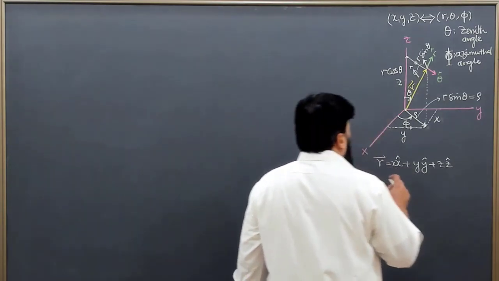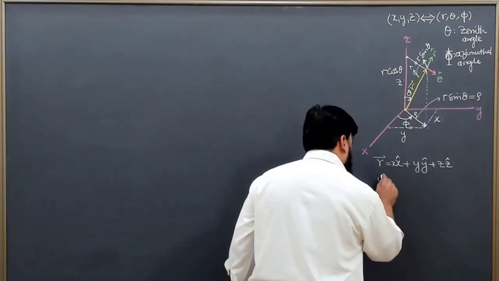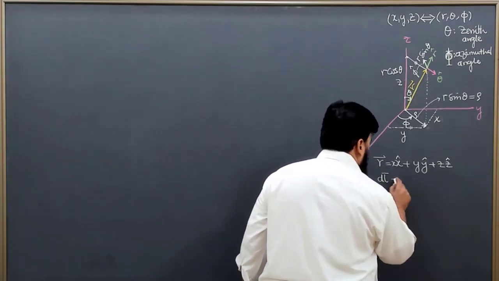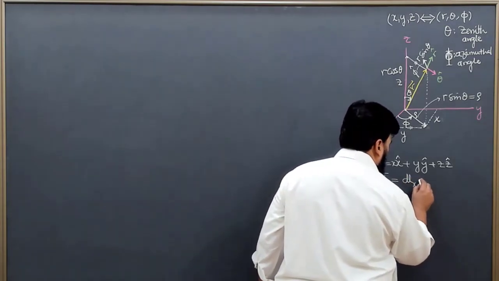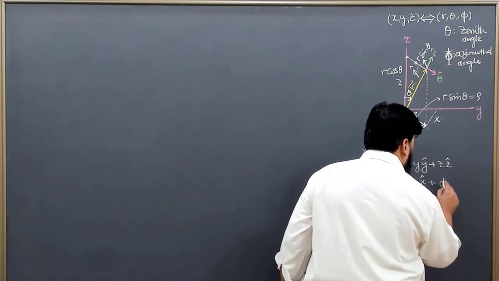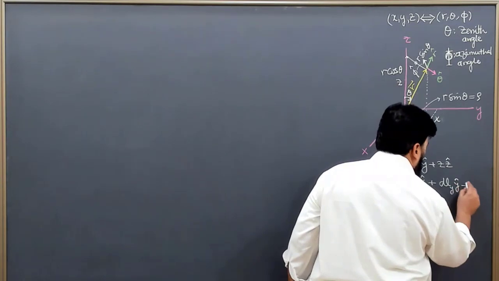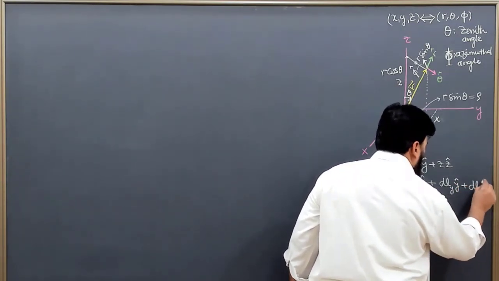Now if we are having a length element, let's say that is a fraction of length, which is dl, then this dl is equal to the x component of it in the x unit vector, plus the y component of it in the y unit vector, plus the z component in the z unit vector.